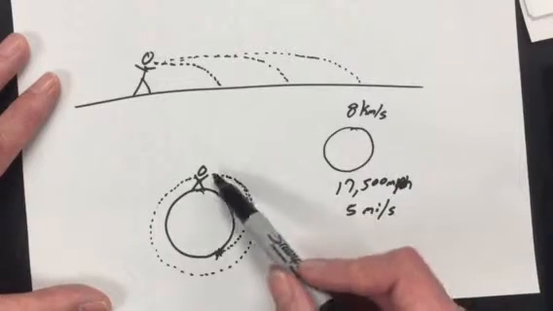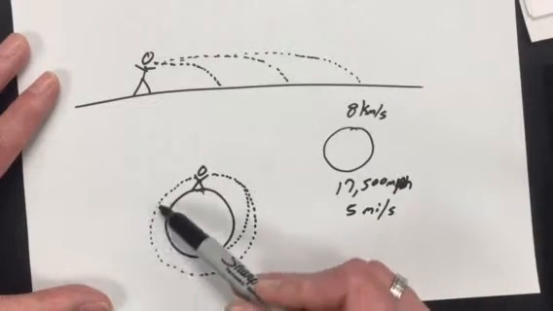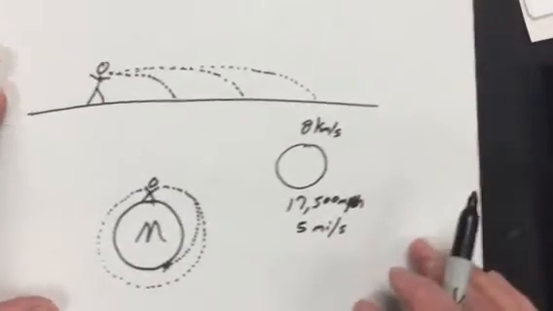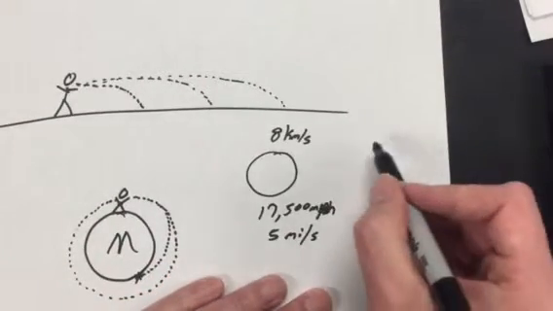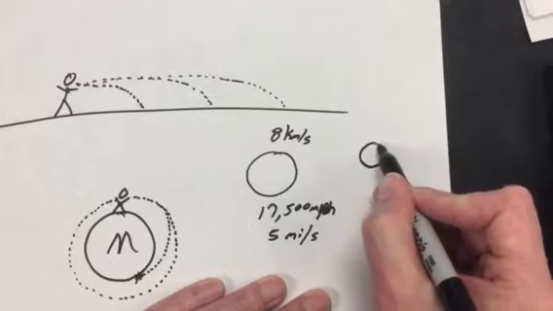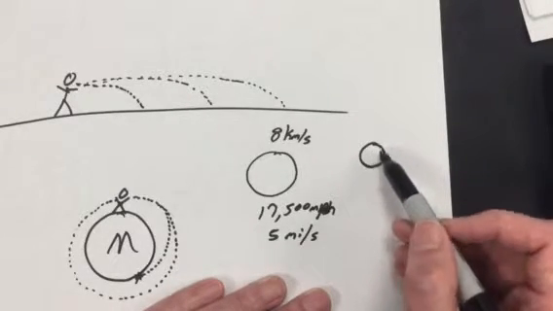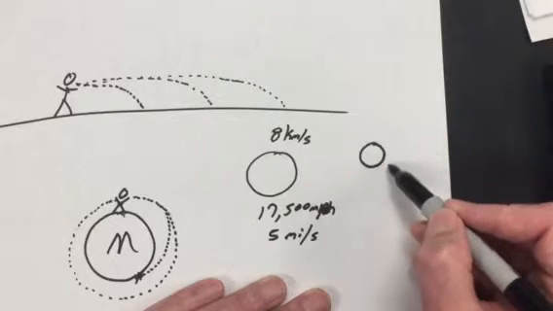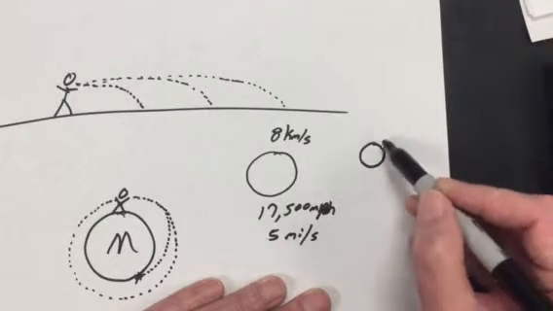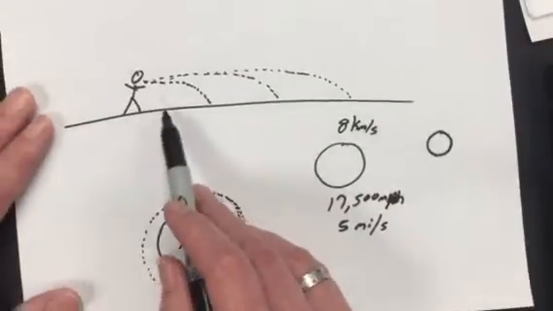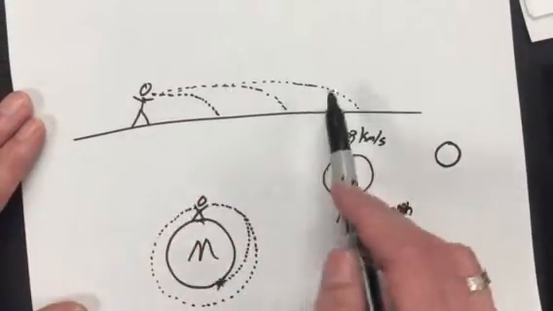Now, what's causing you to have to go so fast? Well, it's the mass of the Earth. So if you were traveling around the moon, which has much less mass than the Earth, you don't have to go as fast, because the moon is not pulling on you as much. In other words, think about throwing the ball.